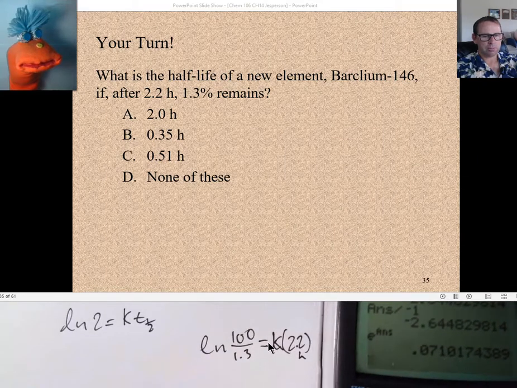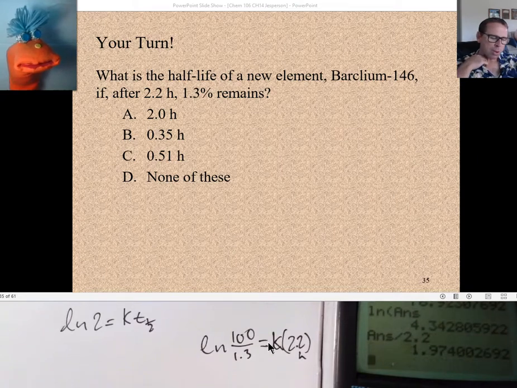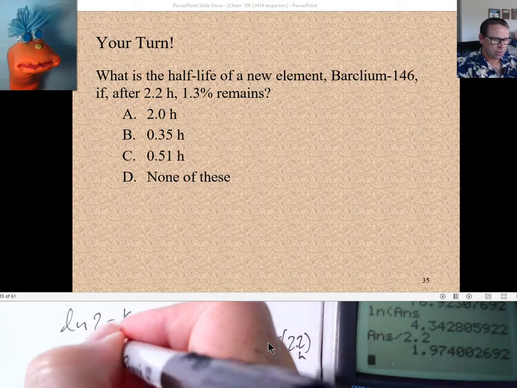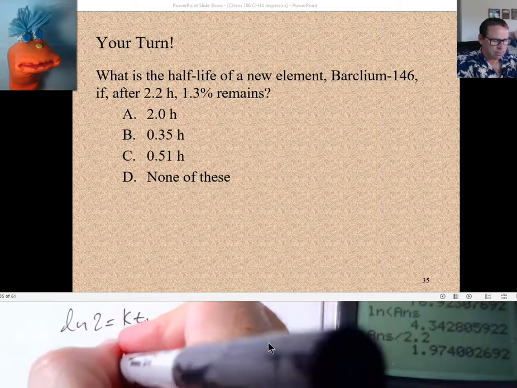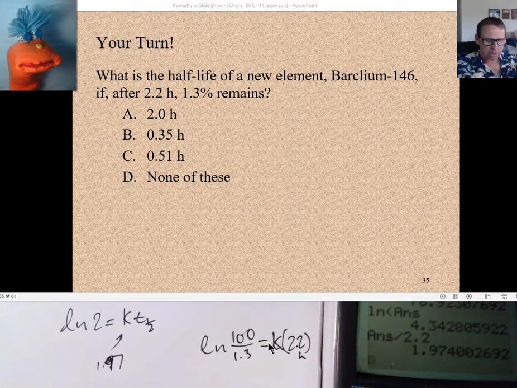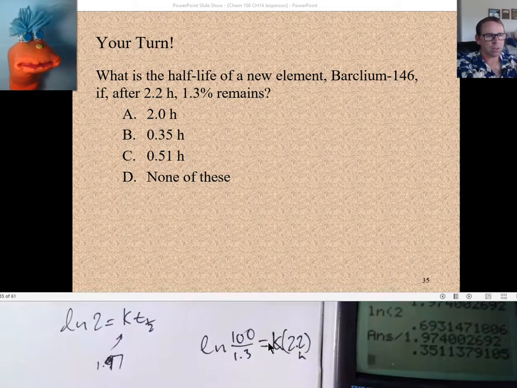So let's do that. 100 divided by 1.3, natural log of that value, divided by 2.2. 1.97 is our k. And so if I throw in 1.97 here for k, then I can just say the natural log of 2 divided by 1.97. 0.351 is our half-life.